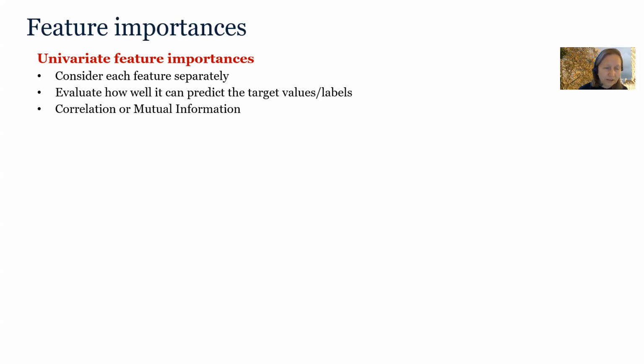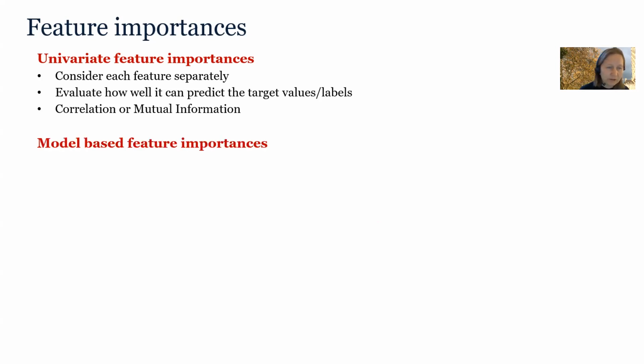So we will evaluate how this single feature predicts target values or labels, depending on whether we work with regression or classification. For example, we can use correlation coefficients or mutual information to do that.